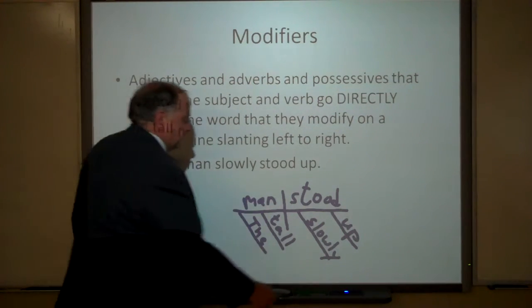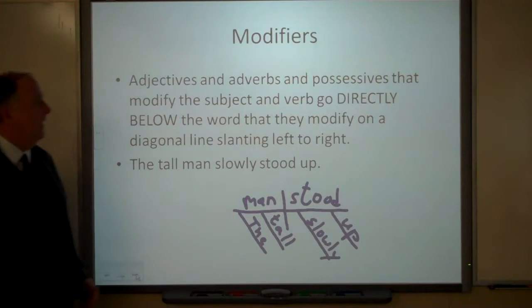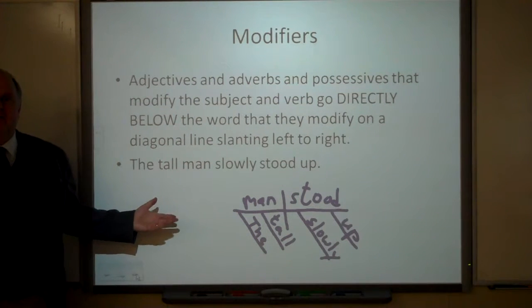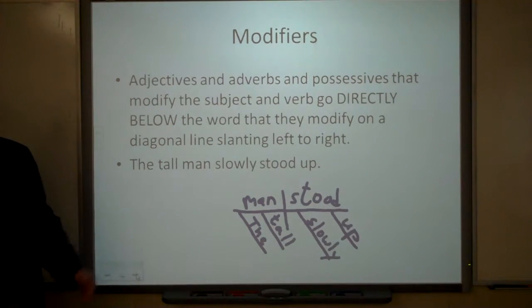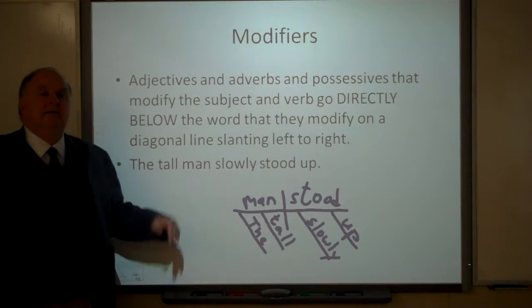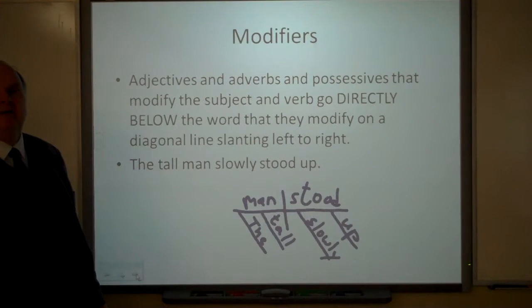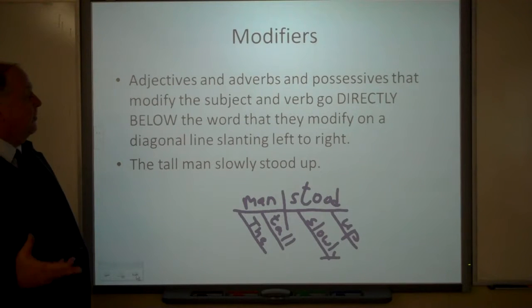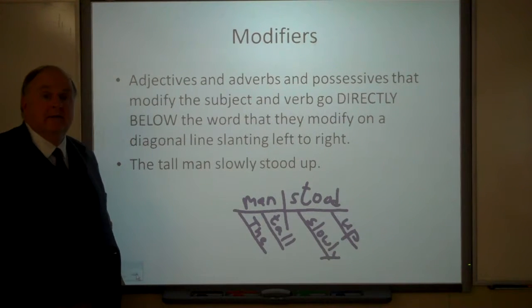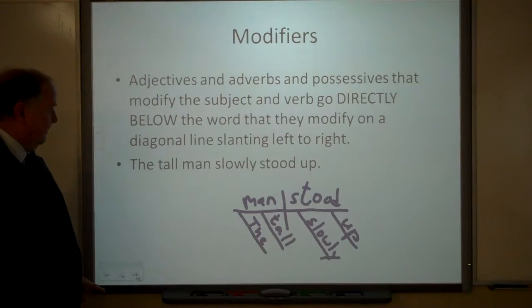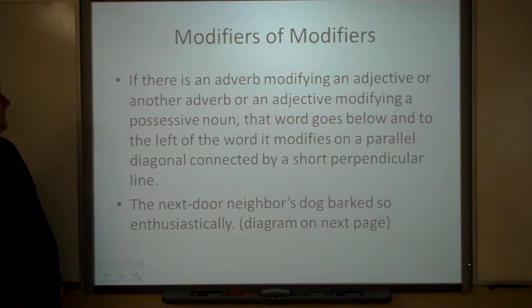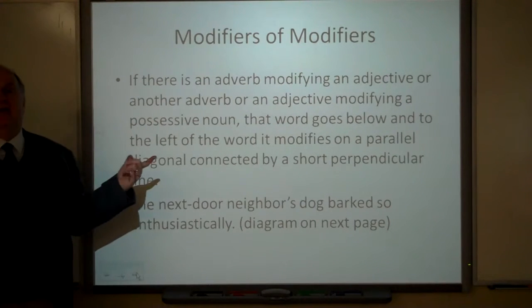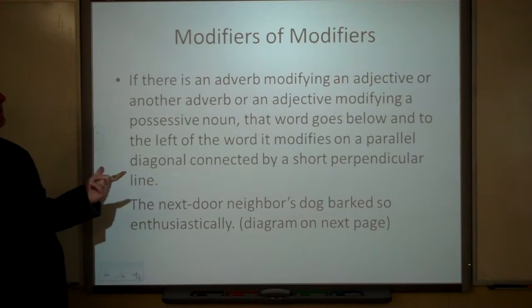So there you have basic modifiers, adjectives and adverbs, modifying the noun, or could be pronoun, I suppose, or verb that make up the subject and verb of the sentence. Okay, now, as you know, we often have modifiers of modifiers.